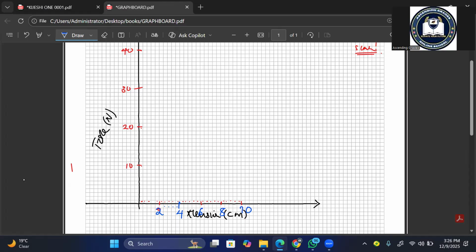So at 2, I'm having 10. So that is the point. At 4, I'm having 20. Then at 6, I'm having 30.